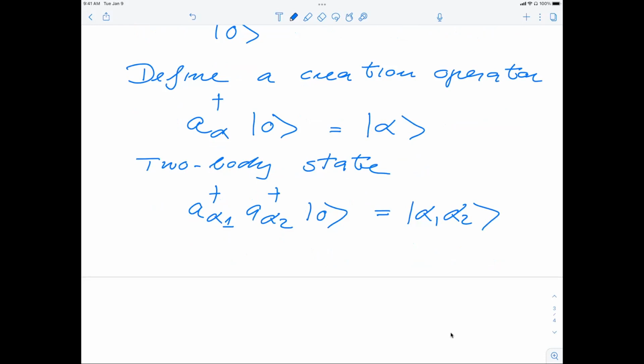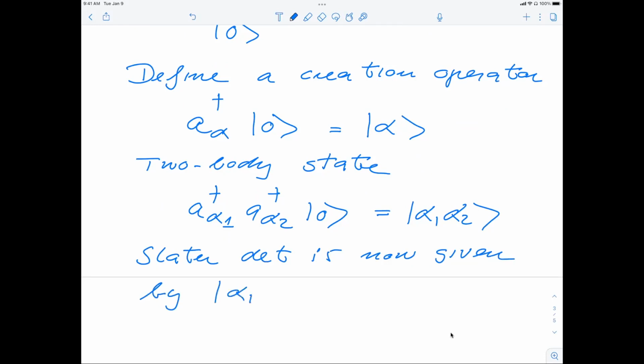We also want these states to be anti-symmetrized. So if this is now going to represent our Slater determinant, so that means that the Slater determinant, or the determinant which we set up before, is now given by this representation alpha 1, alpha 2 for the two particle case.